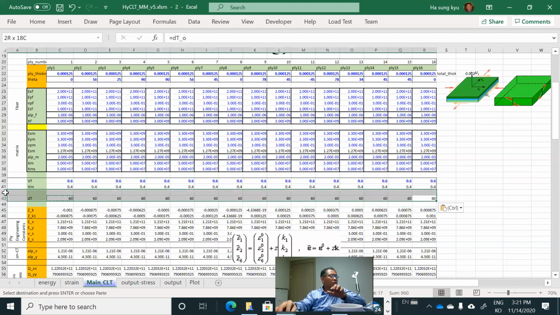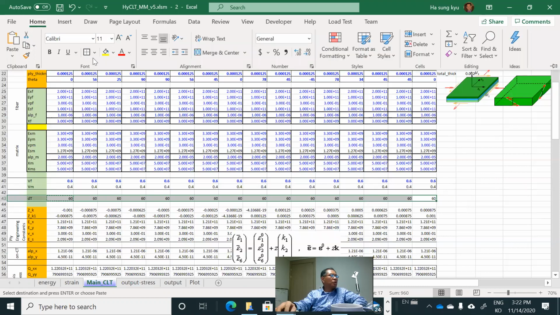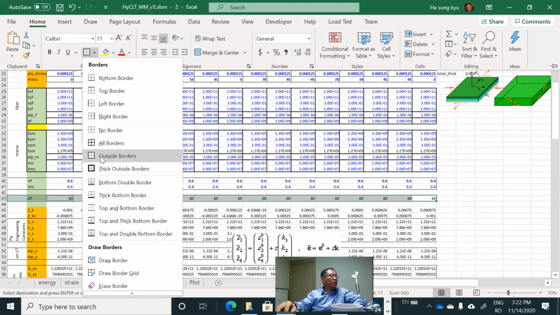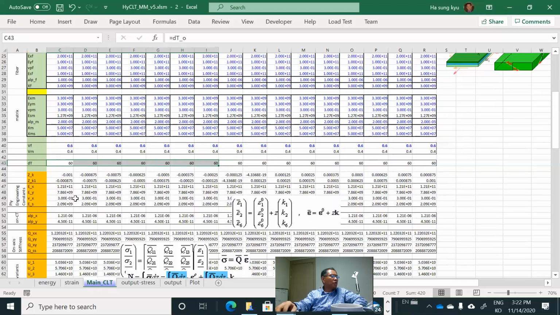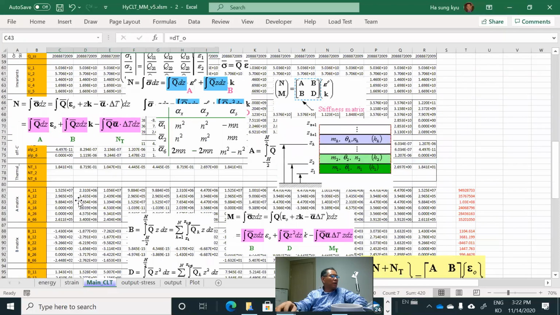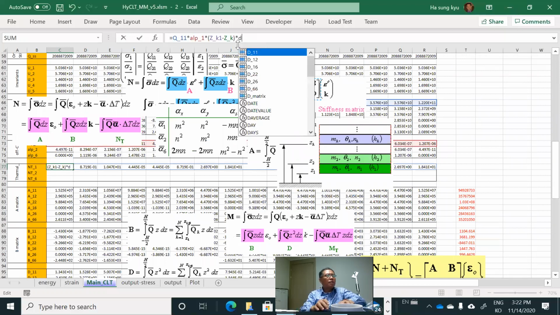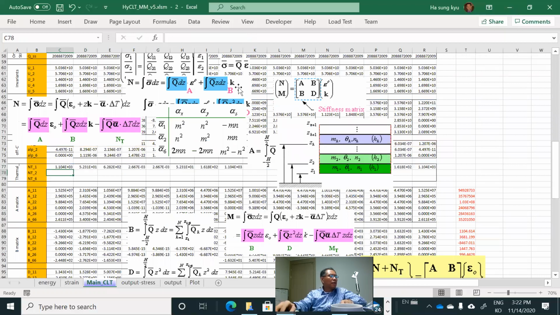So a constant temperature is given, but later when you want to consider a temperature varying through the thickness, you can easily change these values, right? So that is the dt. So come back here, and we need to multiply here by dt, right? So the other terms automatically have dt there.